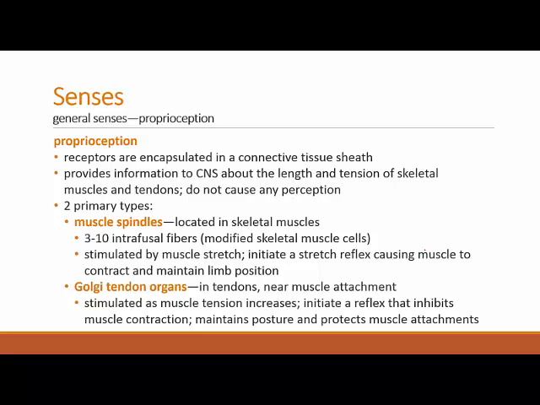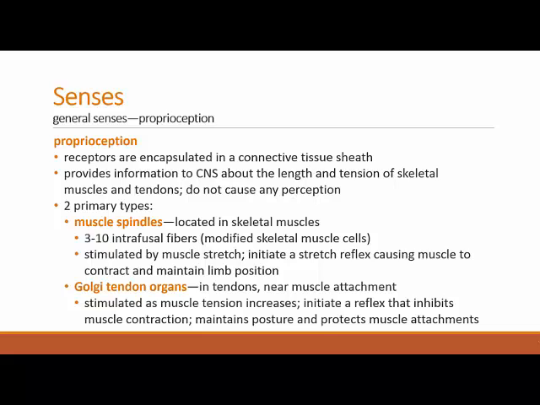So as we begin to overstretch a muscle or a tendon that's associated with that muscle, then the Golgi tendon organs will inhibit the muscle from being able to contract.